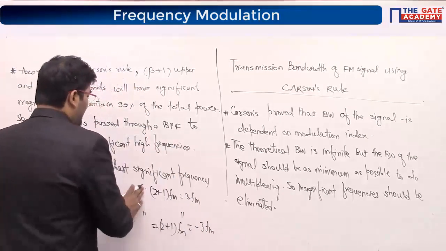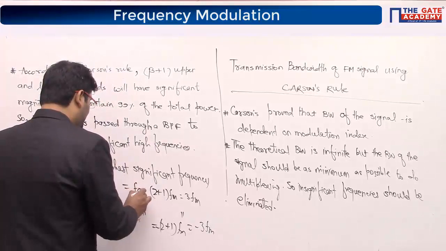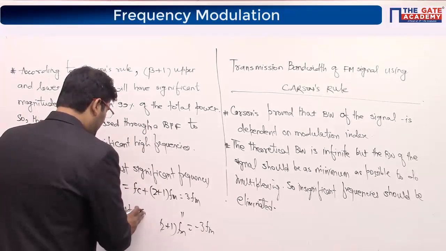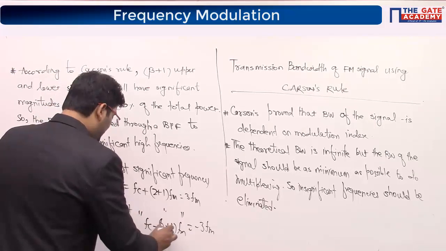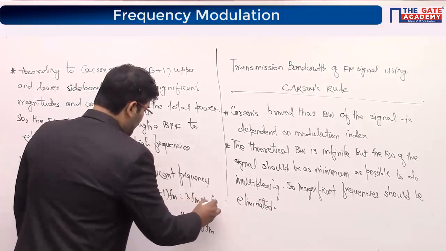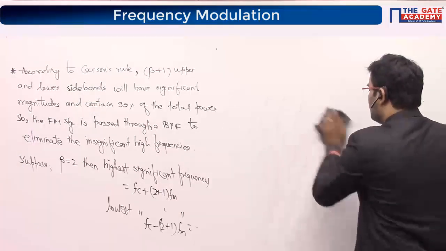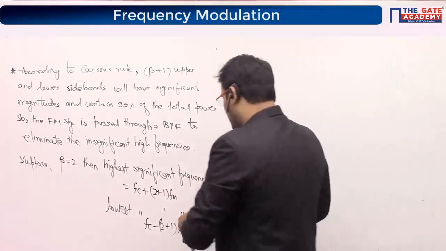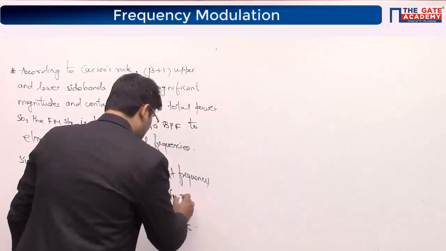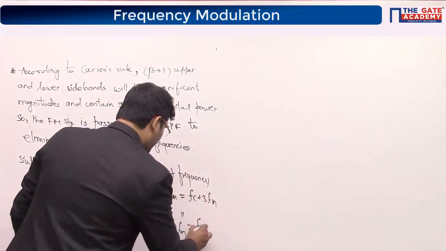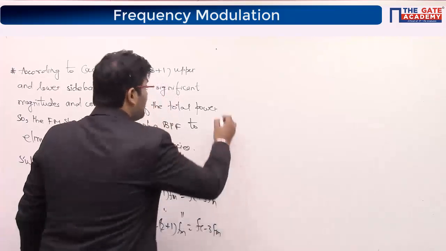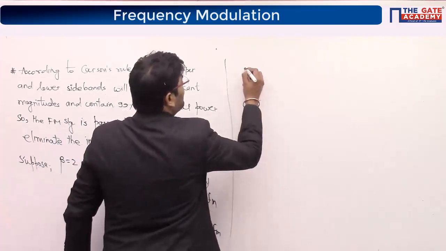And obviously you can add FC plus this and FC minus this. So it will be what? FC plus 3 FM and FC minus 3 FM. So what would be the bandwidth, guys?